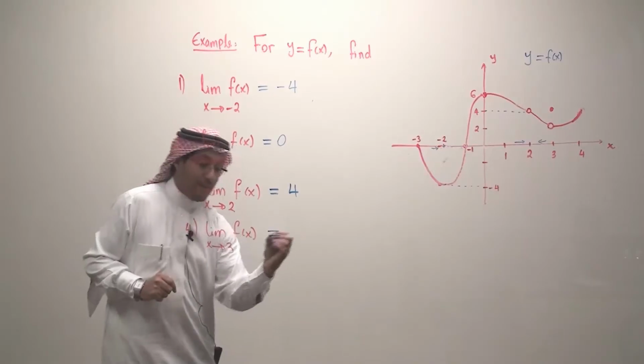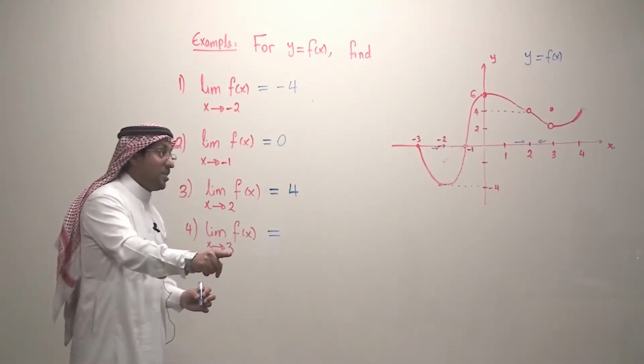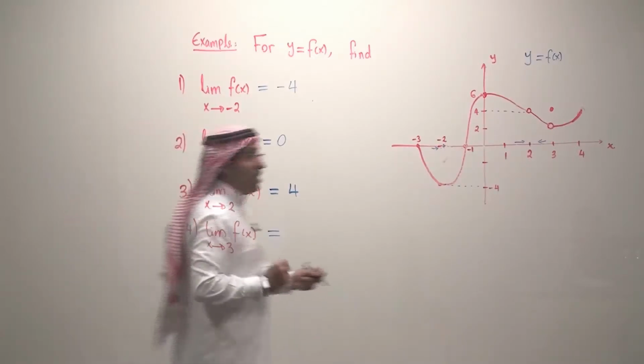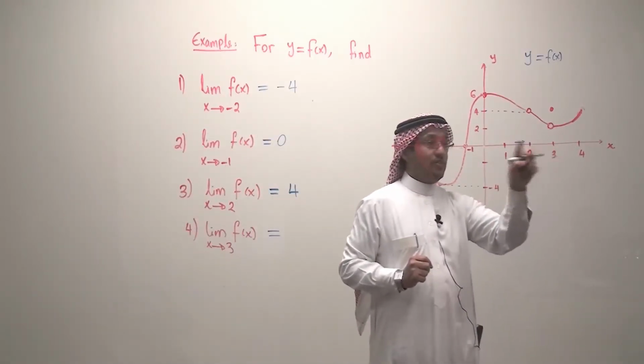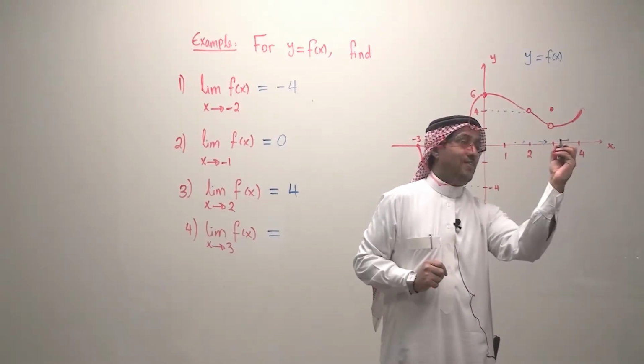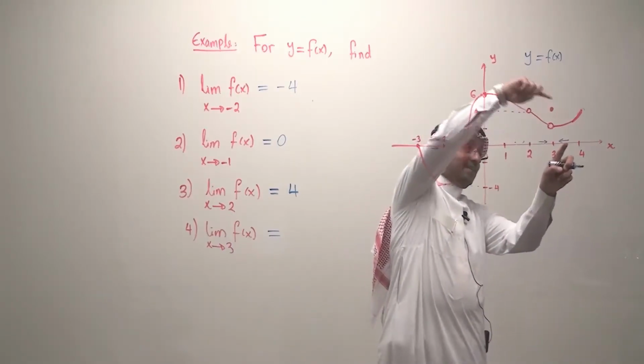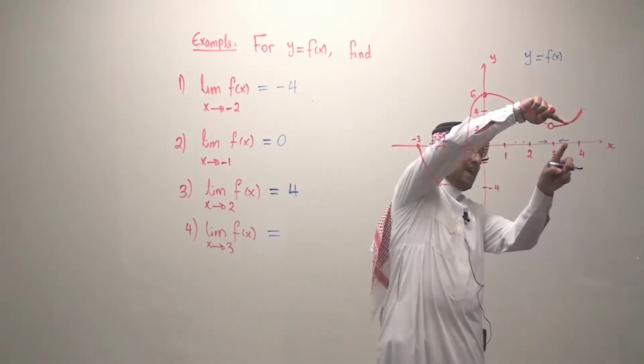Okay, let's see this example now. The limit of the function as x is approaching 3. Now, as x is approaching 3, I will test this from this side and this side. So from the right side, say here, this is x and this is f(x).